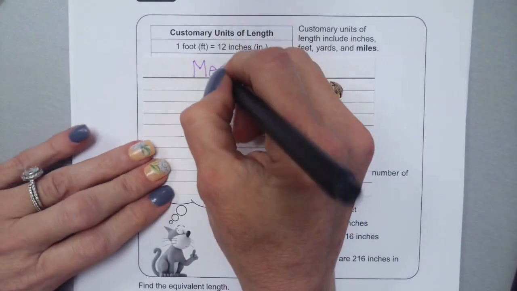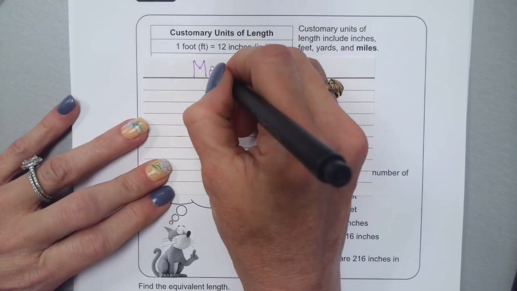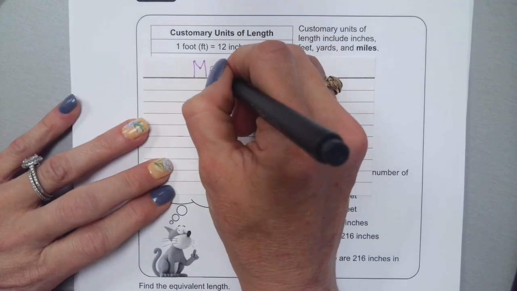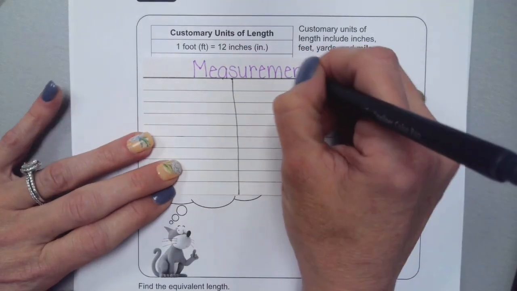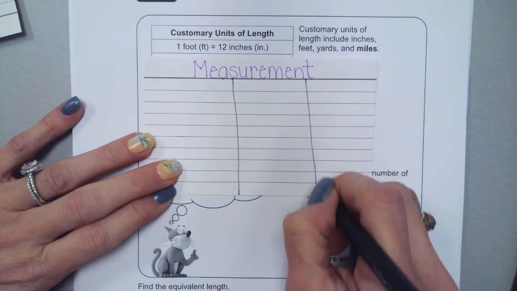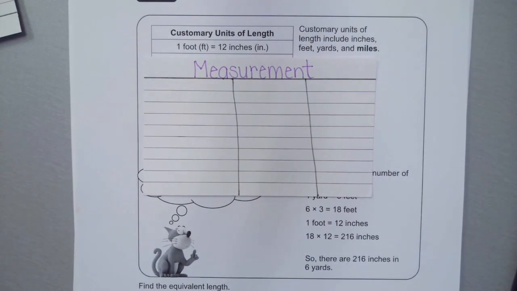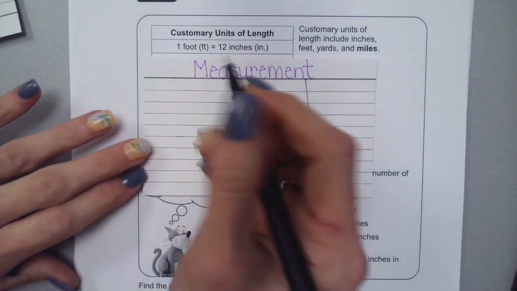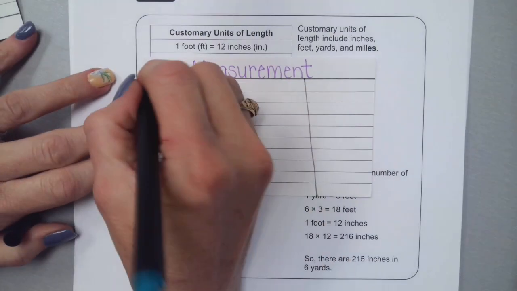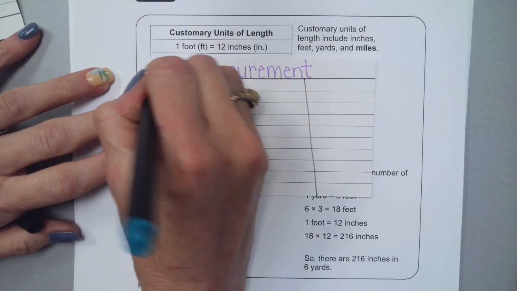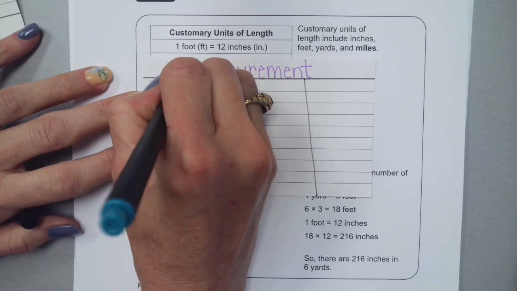We're going to need to split this into 3 sections because we're going to need a section for length, a section for weight, and a section for capacity or volume. Weight can be measuring how heavy something is.